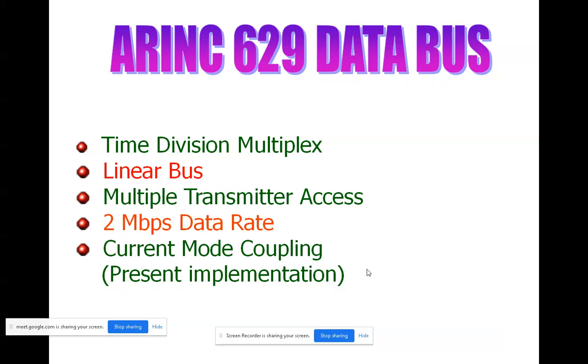Then linear bus: here we use a linear bus topology. Multiple transmitter access means more than one transmitter will be used. Then a 2 megabit per second data rate, so the speed will be very high. Current mode coupling is used as the coupling method.